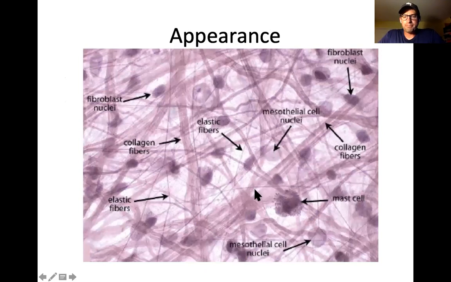So you've got some different kinds of cells that we see here that we're going to talk about in just a minute that are all spaced out, and then you've got all this space between them that's filled with protein fibers and other molecules filling that area between all those cells that are very far spaced apart, unlike in the epithelial tissue.